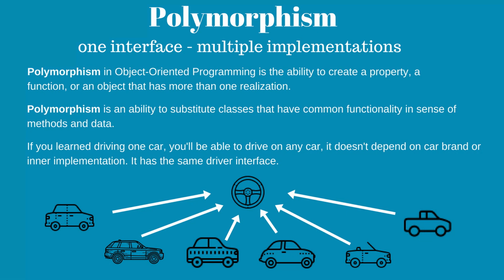It doesn't depend on car brand or inner implementation. It has the same driver interface. The same in programming. If your code is able to work with one implementation of an interface, it should work with the other that has the same list of methods and properties.